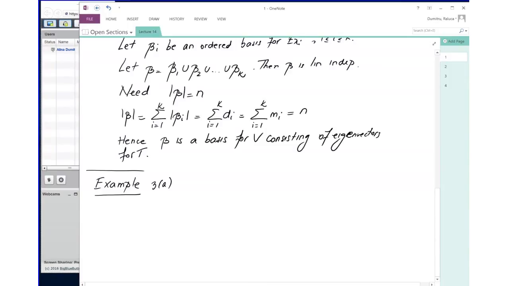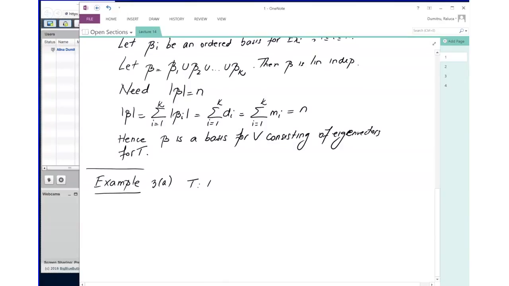This is 3a in section 5.2. For each of the following operators T on a vector space V, test T for diagonalizability. And if T is diagonalizable, find the basis beta consisting of eigenvectors. T on P_3 of R, so operator from P_3.